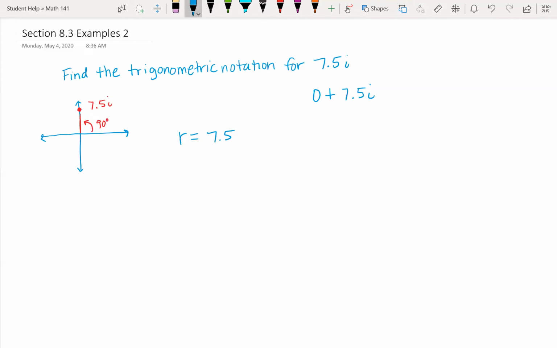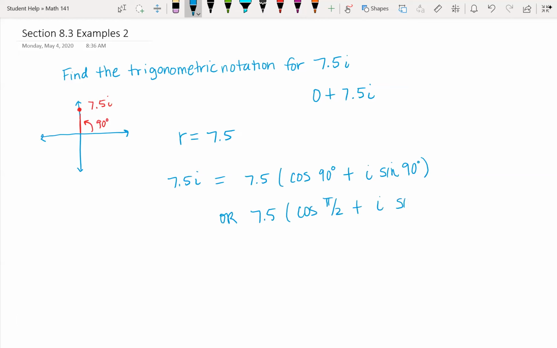So I'm just going to shorthand this one and say that 7.5 I is the same as 7.5, which is r, cosine of 90 degrees plus I times the sine of 90 degrees, or 7.5 cosine pi over 2 plus I times the sine of pi over 2.